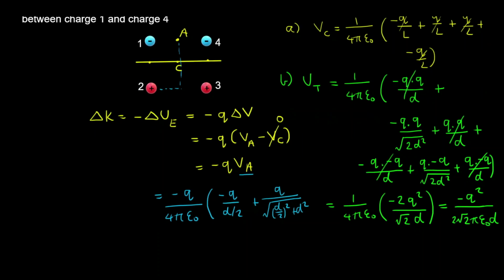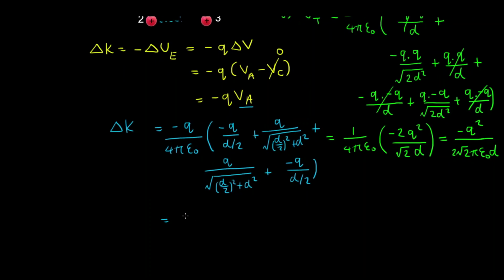For charge 3, we have a similar result, plus Q over the square root of d on 2 squared plus d squared, and then the contribution of charge 4, plus negative Q on d on 2. And this here is the change in kinetic energy of the test charge.